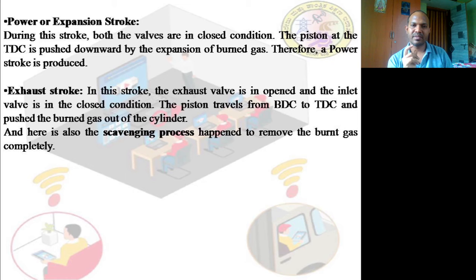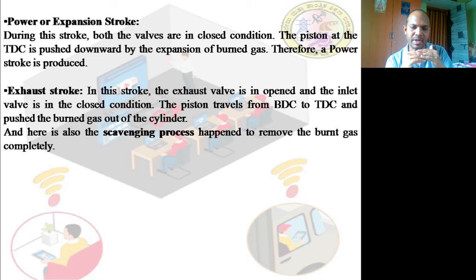Now, scavenging is nothing but, when the gases get burnt, the gases make the piston expand. Is it clear? Now, because of the high pressure and the hotness of the smoke, what happens? The outlet port or the exhaust port will get opened, and the piston moves from BDC to TDC.